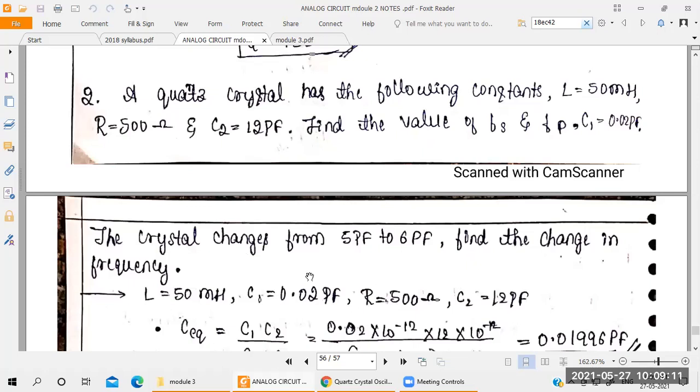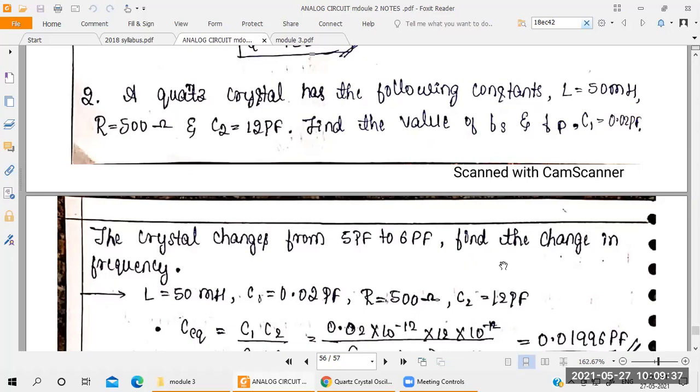Then the crystal capacitance changes from 5 picofarad to 6 picofarad; find the change in frequency. First find Fs and Fp, then find the frequency in the range of 5 picofarad to 6 picofarad capacitance. Understood? That is the question.